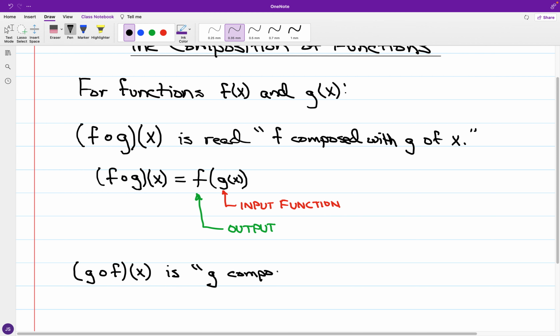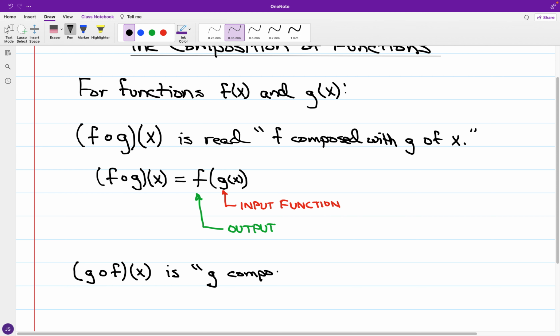And again, just intertwining what we have going on between the functions g and f, where we have g composed with f of x, so you have g of f of x.